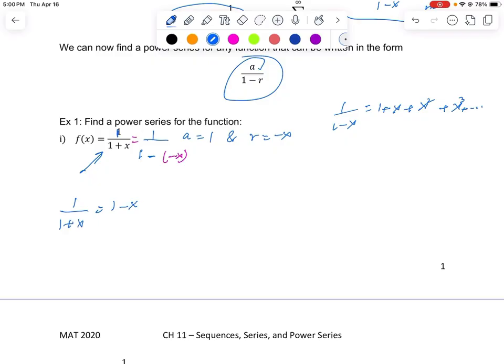Then I plug in the x squared, so negative x squared gives me positive x squared. Then when I plug in x cubed, negative x whole cubed will be negative x cubed. So notice here we are getting the same terms, but the signs are now alternating.